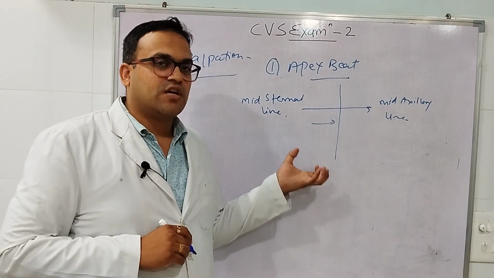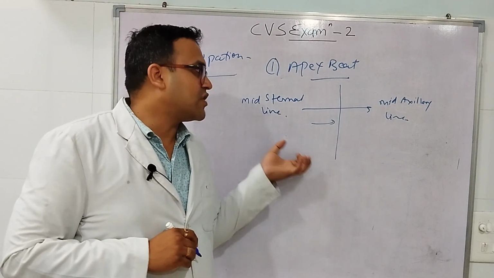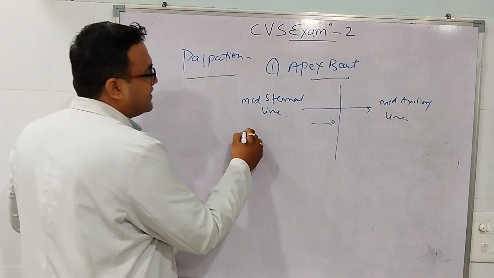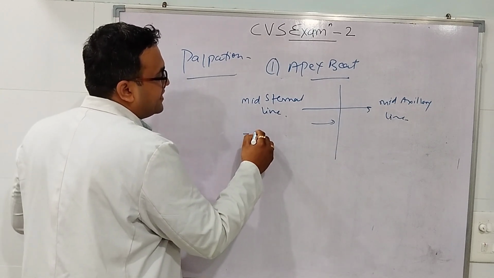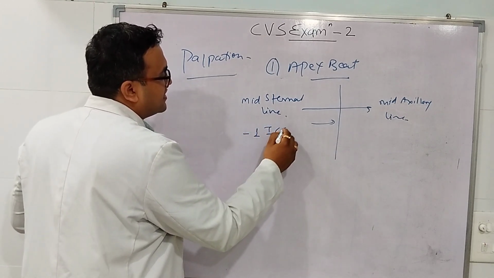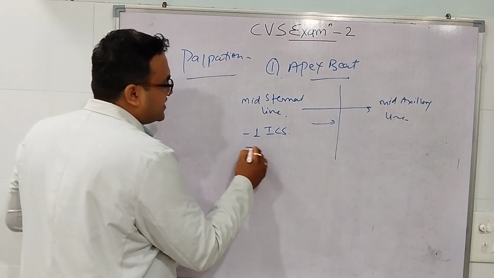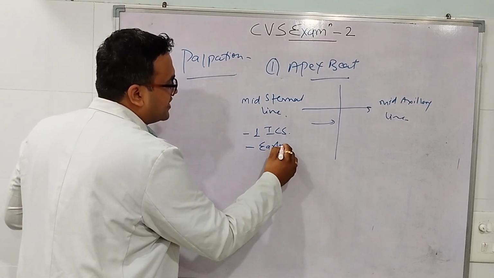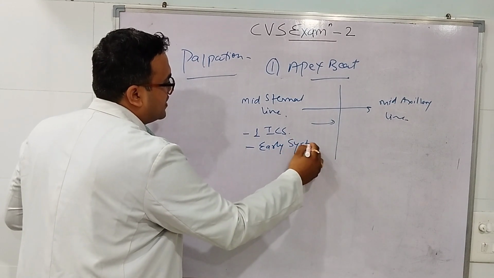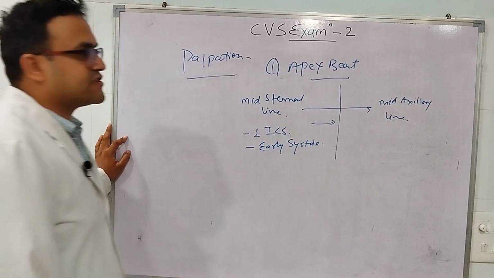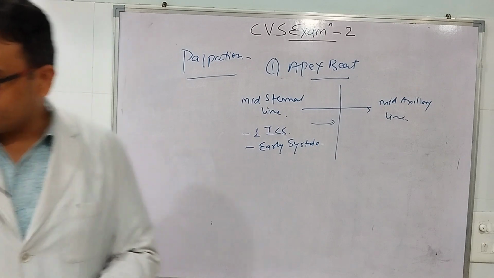So that is the location or extent of the normal apex beat. It will be situated in one intercostal space, and the thrust will be felt only in early systole. So these are the three features of the normal apex beat.